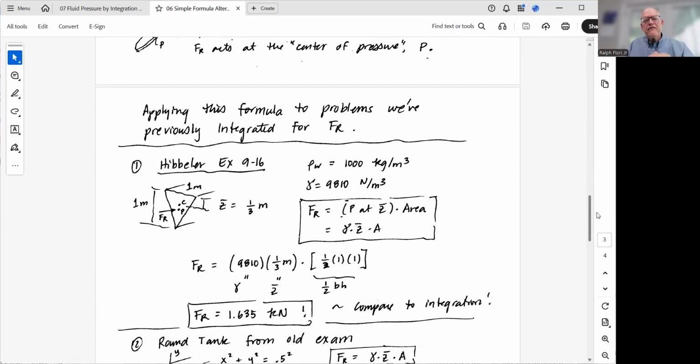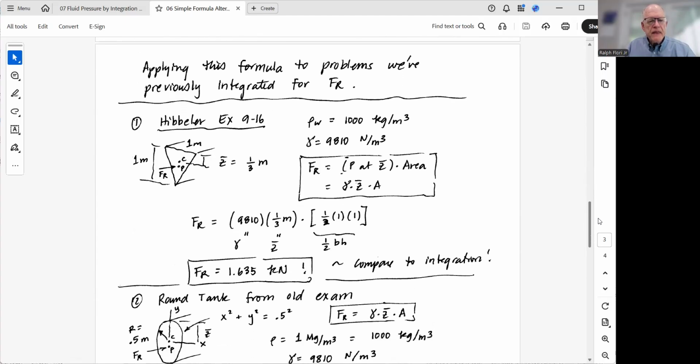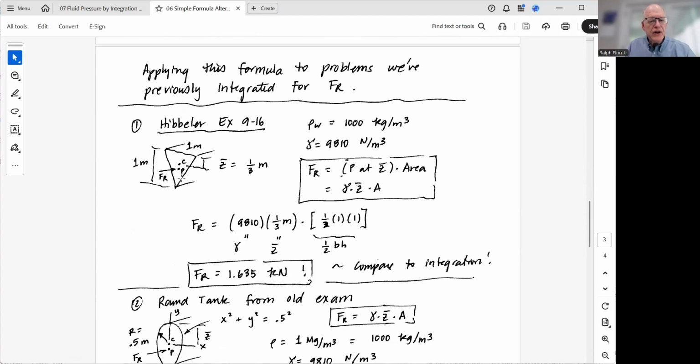So now we're going to apply that formula again. I think we worked the triangular plate before, but let's do it again. This is a triangular plate. It's 1 meter deep, 1 meter wide. Z bar is 1/3 of 1 down here, 1/3 meter. This is fresh water, so our rho is 1,000 kilograms per cubic meter.